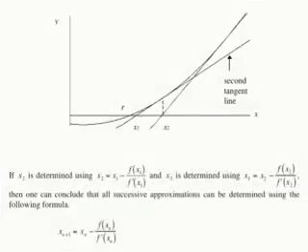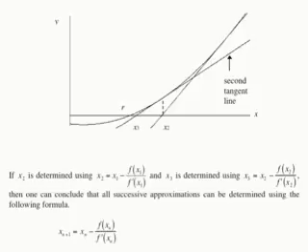So at this point, we've learned that x1 was our initial approximation for the root of this function, and that x2 was a better approximation that could be determined using the formula x2 = x1 - f(x1) / f'(x1).